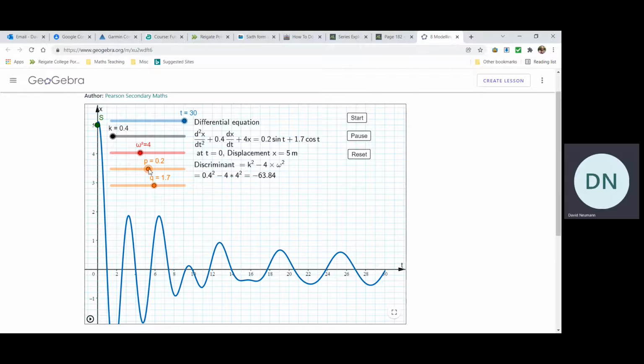You can see that when we have forced harmonic motion, we get some quite strange things happening. So, for example, here we go up to this peak, but then we come down to something where we might expect a drop down there, but it doesn't happen because the two functions are really superimposed upon each other.